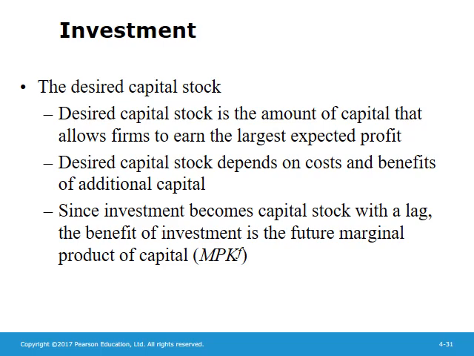Okay, we need again the word desired. We need to understand how the desired capital stock is determined. The desired capital stock is exactly like the amount of labor that the firm decides to employ.